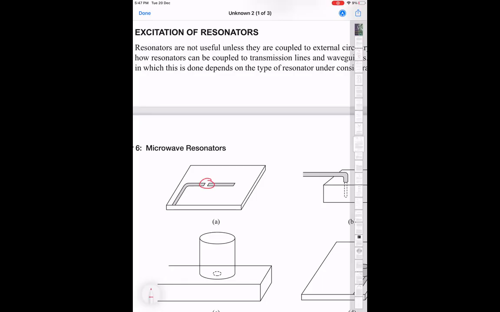This central ring here is a circular CPW transmission line, which is wrapped around itself. Ignore the bottom part. This is just a circular central line, and there is metal on both sides. So this is all metal, this is all metal, and this is metal.